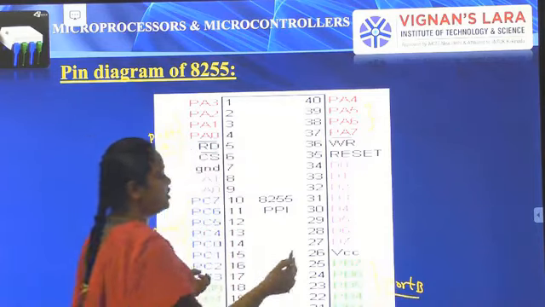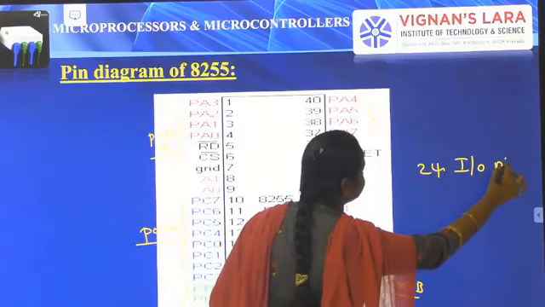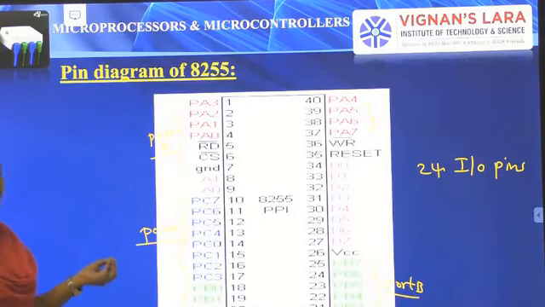Totally we have 24 input-output pins, which are programmable. That means we program these pins for the information transactions between the 8086 microprocessor and the input and output devices.